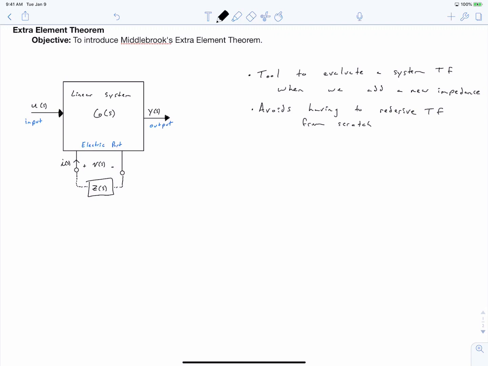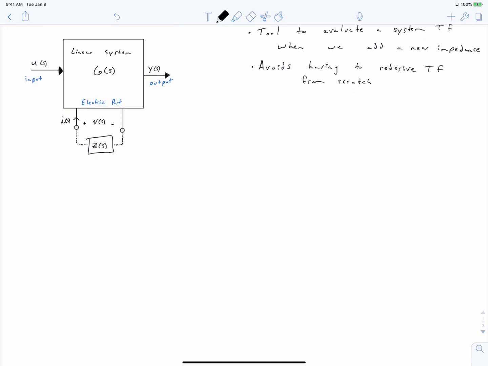And it turns out we can express this in terms of the original transfer function multiplied by a correction factor. So if our system transfer function is G of S, which is Y of S divided by U of S, it can be expressed as G of S evaluated when Z of S is equal to infinity.